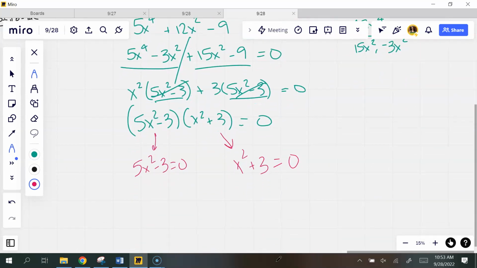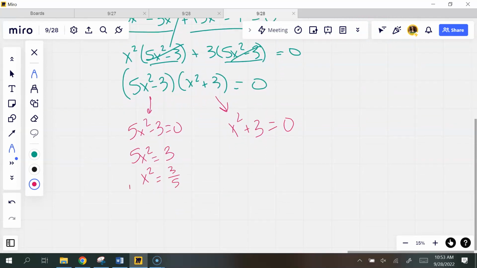All right, I'm going to add 3. Now I see why you asked that question. Divide by 5. And now I have to square root. But I can't leave it that way. So I'm going to say x is plus or minus square root of 3 over square root of 5. But I can't leave a radical in the bottom. Multiply by square root of 5 over square root of 5.